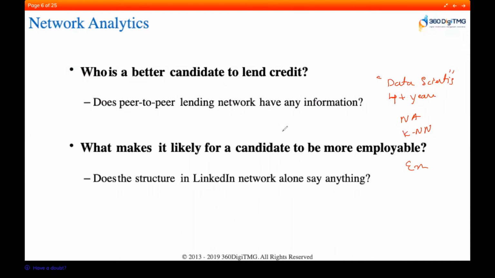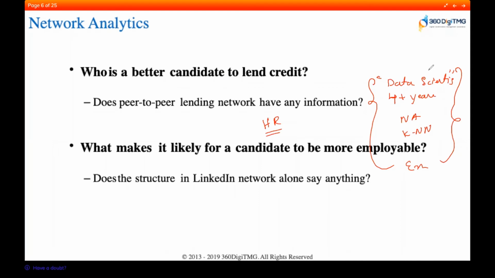Let's say there is an HR who wants to hire a data scientist, looking for a profile like yours: someone with 4+ years of experience who knows certain algorithms that they run in their organization. What they do is look into your profile.